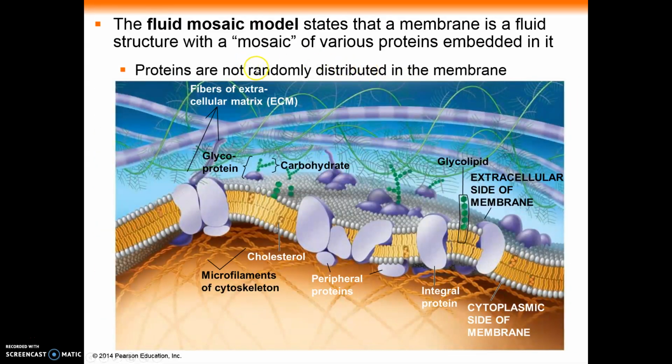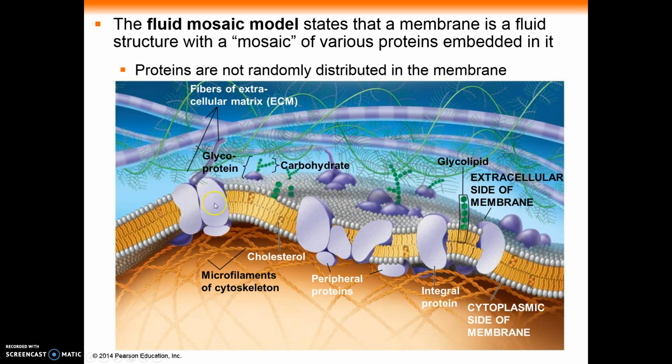Now, we describe the membrane as a fluid mosaic model. And this means that the individual lipids or phospholipids within this bilayer can move around and act as a fluid. But let's not confuse that with the idea that the proteins are just randomly distributed in the membrane.